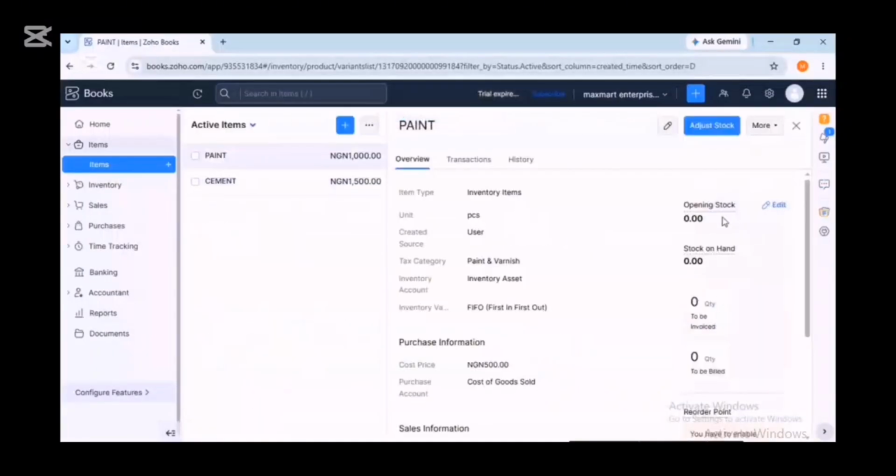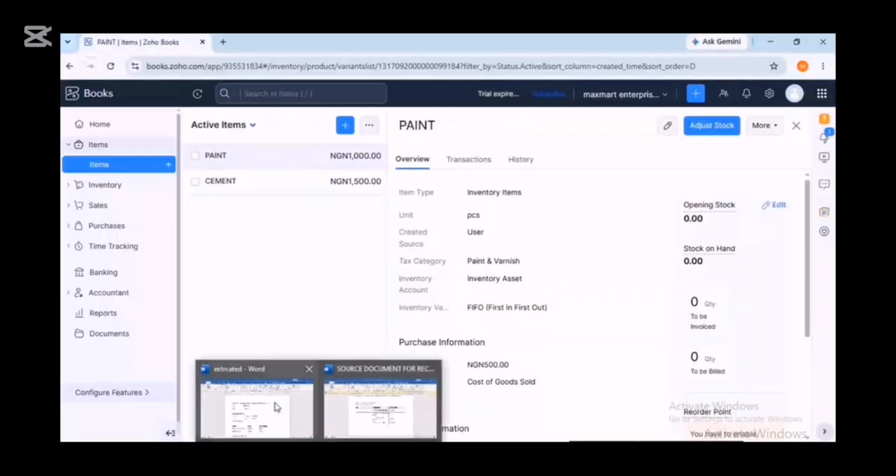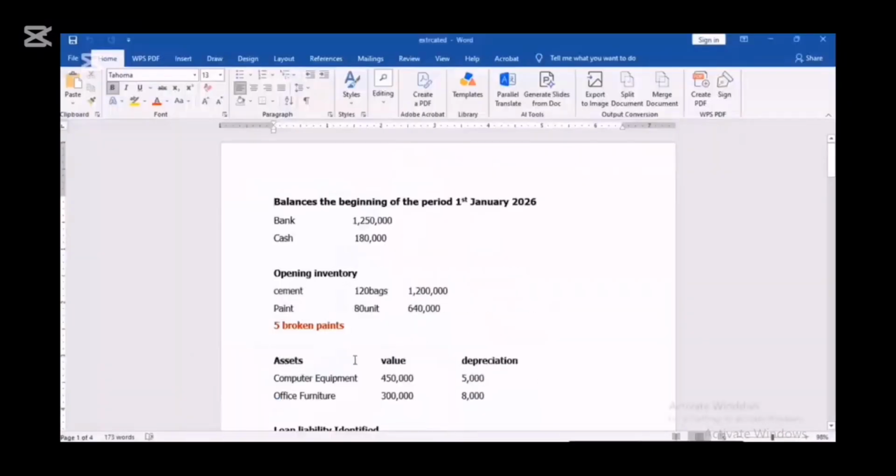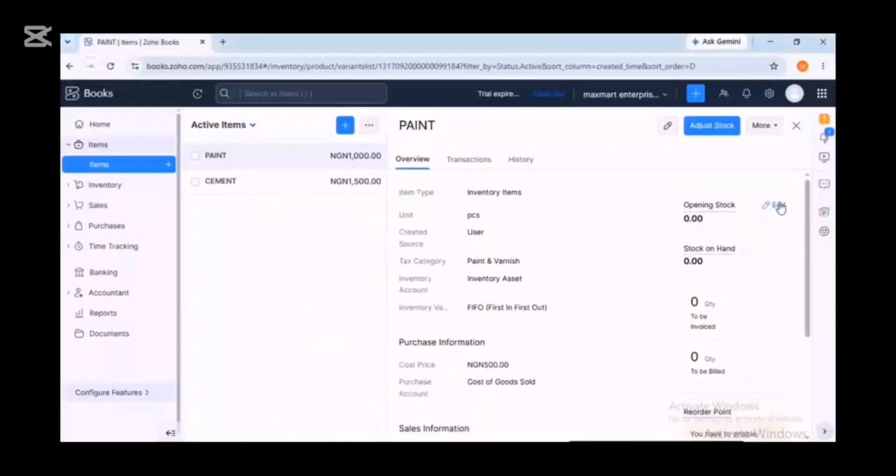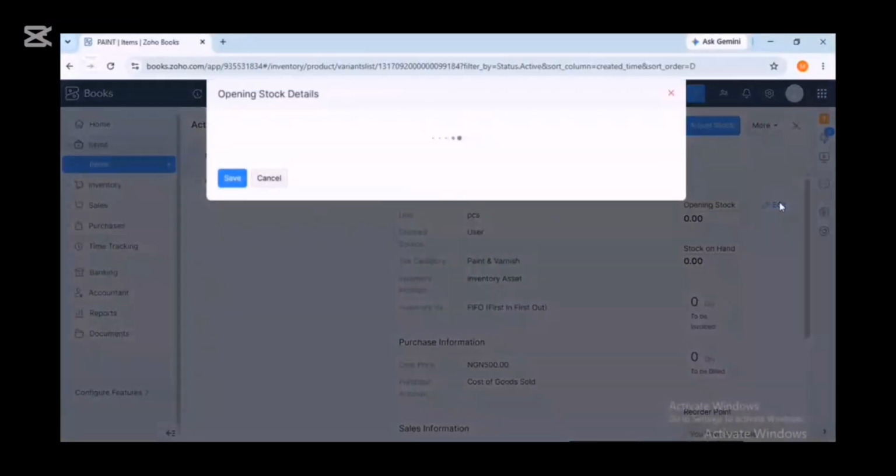Alright, that's absolutely right. Next, we add up the opening stock, what we have at the beginning of the period. So we had item worth 640,000. So we input that right away. So let's edit.